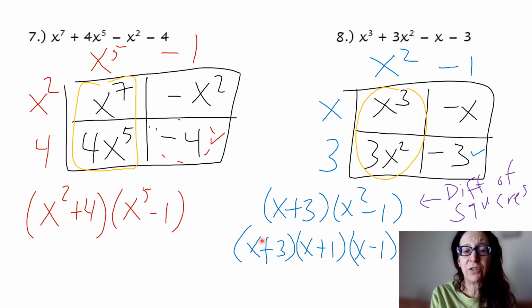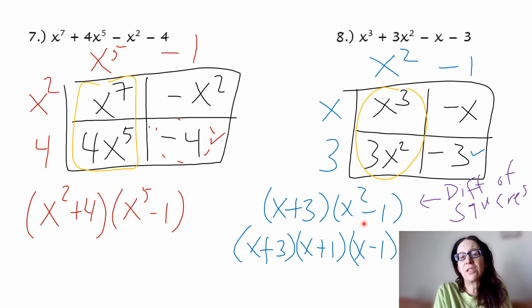So the x plus 3 comes down, and then the x squared minus 1 is splitting up. So you shouldn't see x squared minus 1 and then another x squared minus 1, because then you're just adding something in and you still have the difference of squares, okay? And then the square root of 1 is 1, and of course your conjugates mean that you have the plus and minus of the same thing.